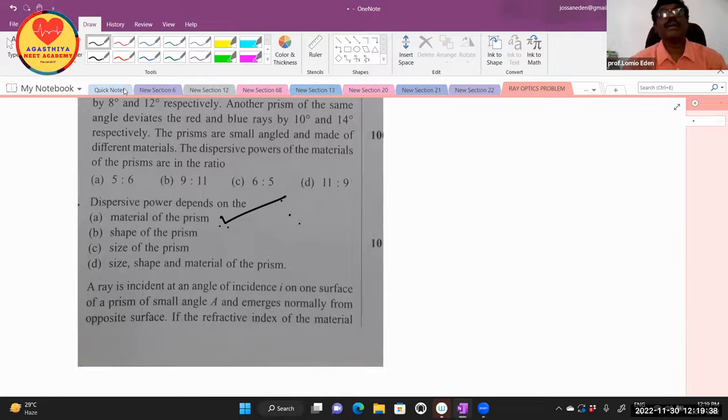The ray is incident at an angle of incidence I on one surface of the prism of small angle A and emerges normally from the opposite surface.